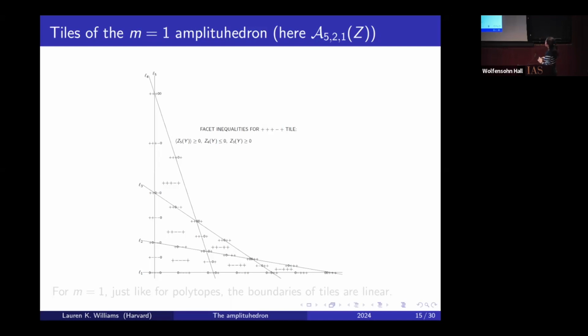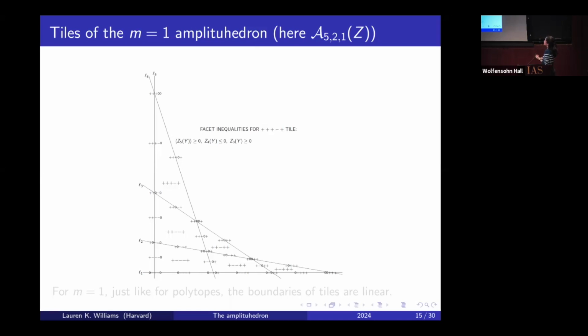These hyperplanes are specified by the rows of our matrix Z. And because of the positivity of Z, these hyperplanes are cyclically arranged. And I said the amplituhedron is the bounded complex of this arrangement, so it is just the union of all of these bounded regions. And it turns out that this partitioning into the bounded chambers is exactly a tiling of the amplituhedron.